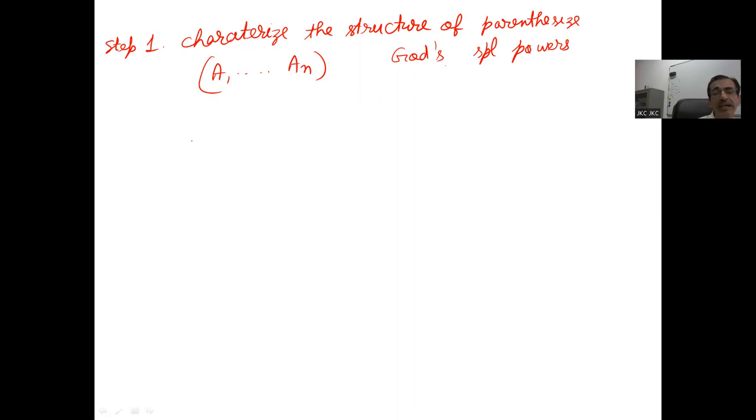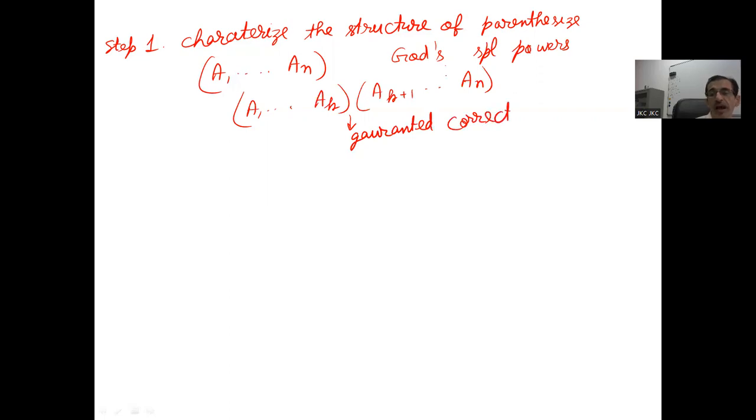I am guaranteed to find a K where at this position a bracket is guaranteed. Let's assume this is guaranteedly correct. By God's special power, you know the K the first time, so you can always use that.